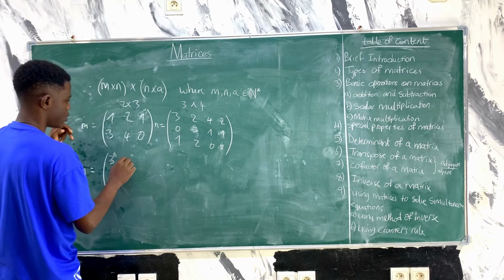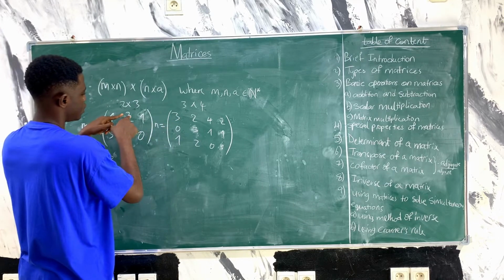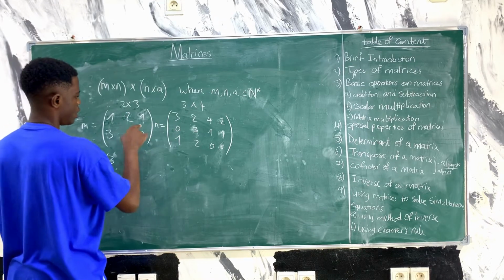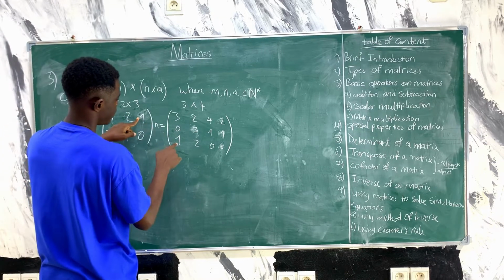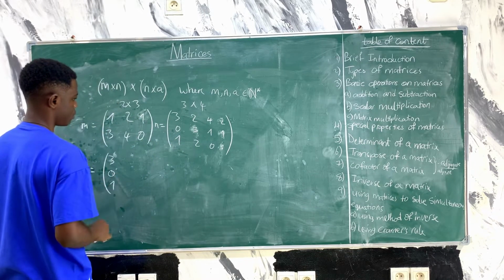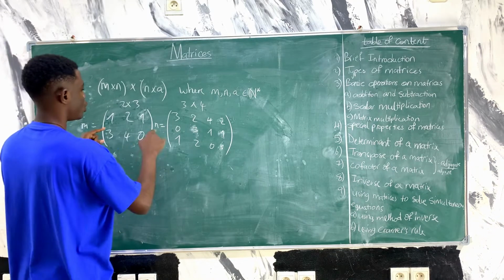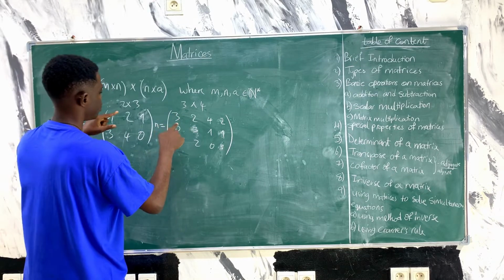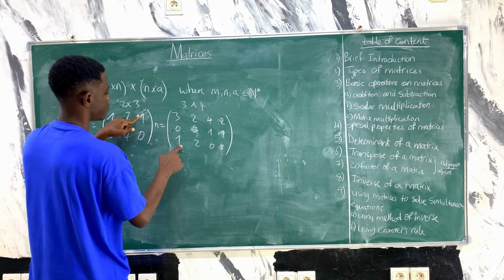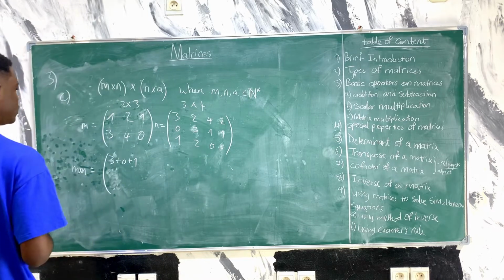So 2 times 0 is 0. No, what am I doing? Actually, you add them. So it is 1 times 3, 3. 2 times 0 plus 0. 1 times 1 plus 1. Like that.